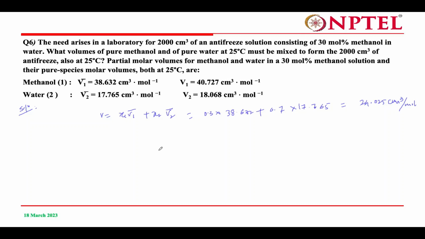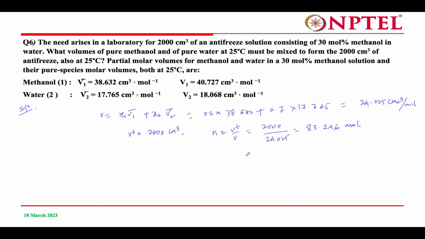Because the required total volume of solution is Vt equal to 2000 centimeter cube, the total number of moles required is N equal to Vt by V, 2000 divided by 24.025, which is 83.246, right?